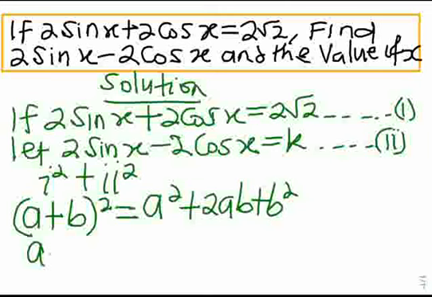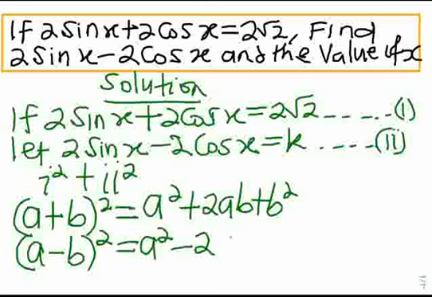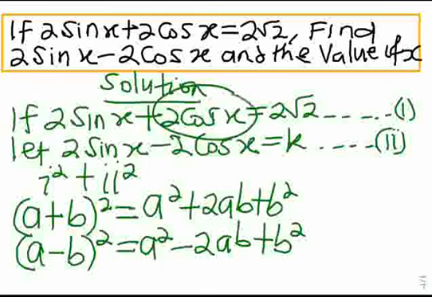Let's also remember the expansion for a minus b all squared. This is equal to a squared minus 2ab plus b squared. In solving this question, our a is going to be taken as 2 sin x. Our b is going to be taken as what? 2 cos x in the expansion.